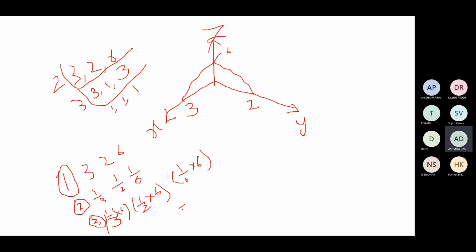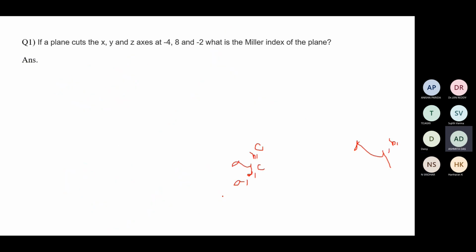So the value comes as 2, 3, 1. Am I correct? Yes, ma'am. Okay. Correct. Anyone have any doubt in finding Miller indices?